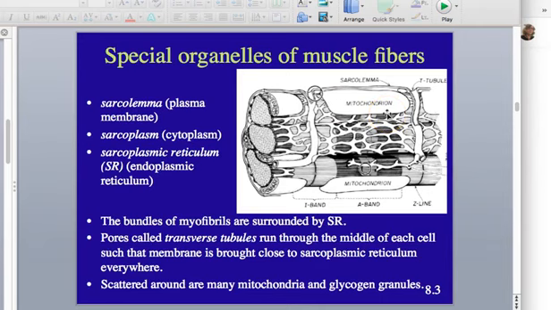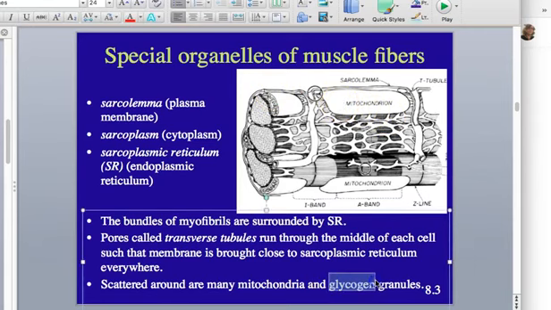It means they provide a lot of energy, and the energy currency molecule in cells is the ATP molecule. We're going to see that's really, really important. You also have glycogen granules, and glycogen is just a stored form of glucose, so a stored form of food. So muscles have both a lot of energy around and a lot of food around that can be converted into energy really quickly.